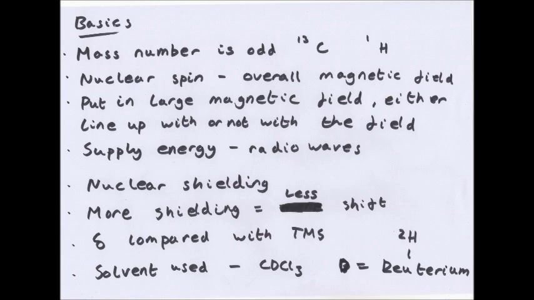This alters the environment of a nucleus, changing the energy gap. The result is that atoms in different environments have different resonance frequencies. That's the important thing. And now everything after this you need to know. But basically what that's saying is that if you have a bond that is electronegatively different, so let's say carbon and oxygen, the electrons are slightly more attracted to the oxygen, and that gives electron shielding.